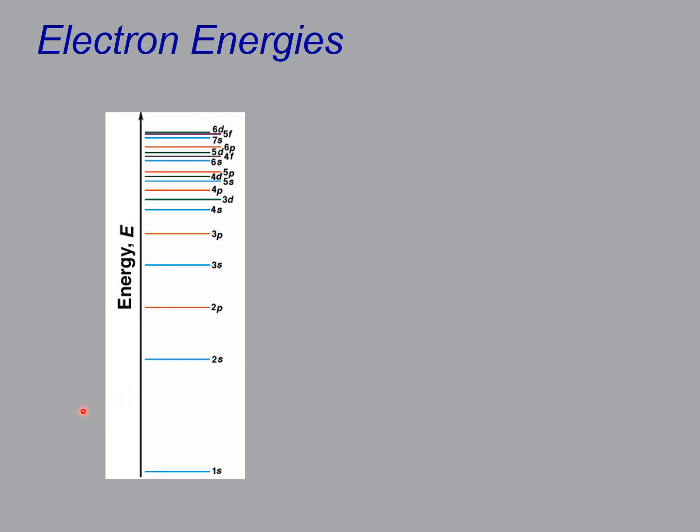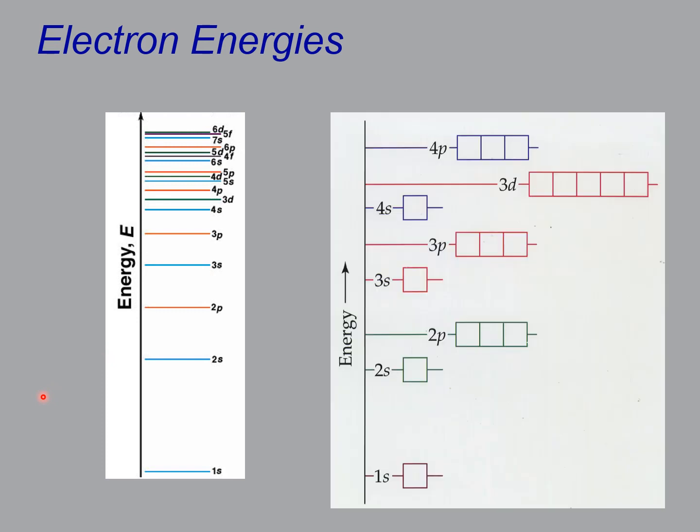Now what we need to consider when we're talking about electron configurations is how many electrons you have of each type. How many 2s electrons do you have? How many 3p electrons do you have? This is just a smidge more complicated because you can have more than one 1s electron, and more than one 3p type of electron.